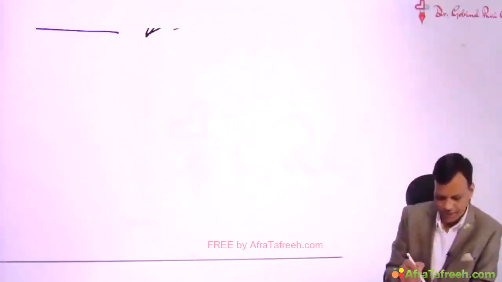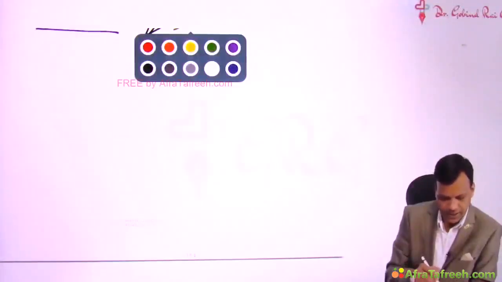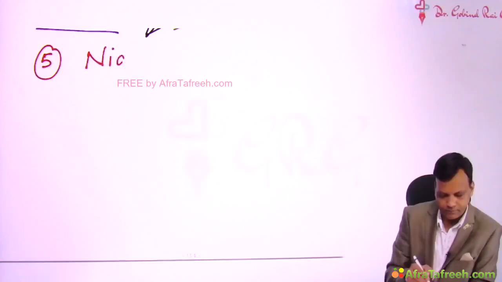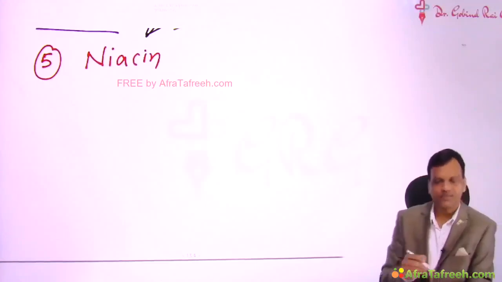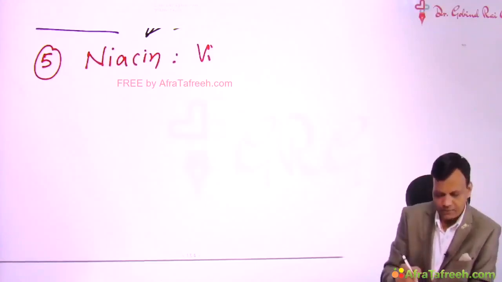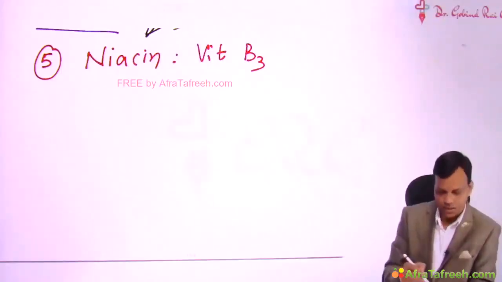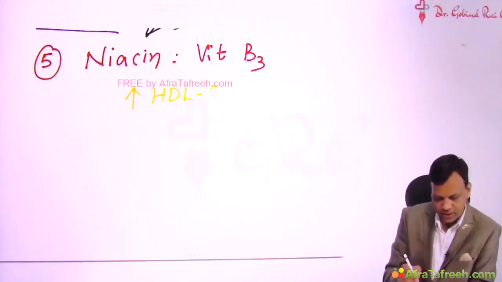The next group of anti-dyslipidemic drugs is niacin. Niacin is nothing but vitamin B3. The major points regarding niacin are, number one, it has the maximum HDL cholesterol increasing property.